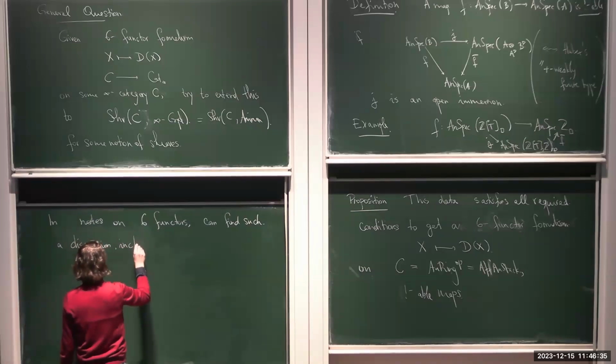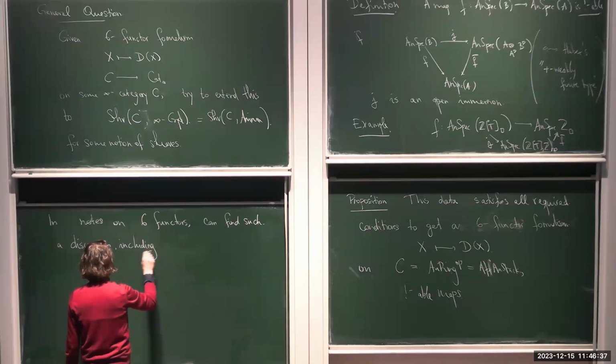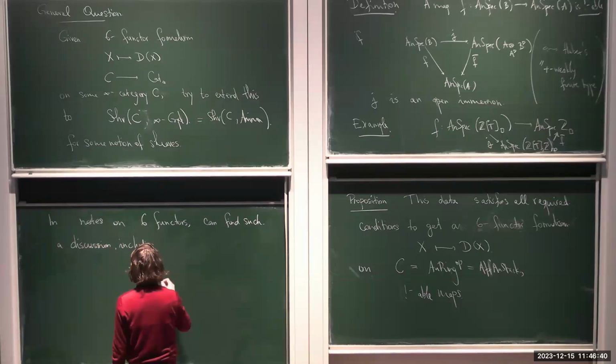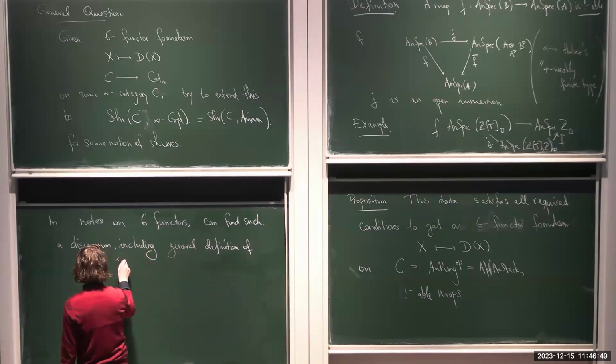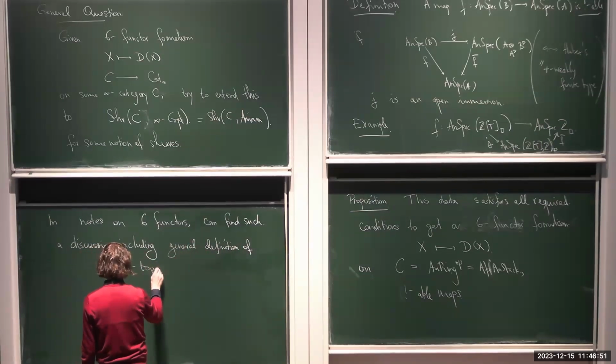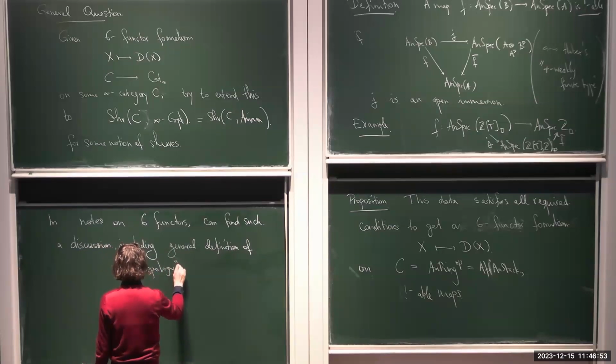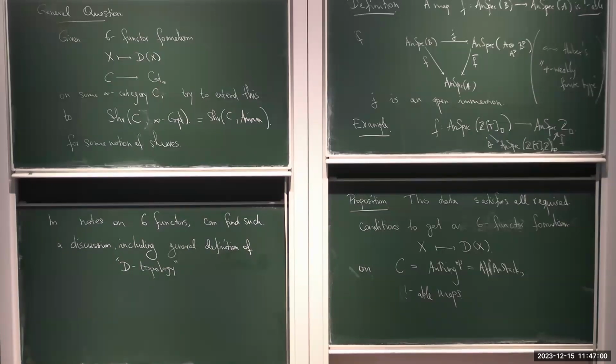You can find such a discussion there, including the general definition of the Grothendieck topology that I called the D topology. Actually, I'm maybe not completely happy with the very precise formulation of this D topology in the most general case. It works, but it's slightly ugly at one point.